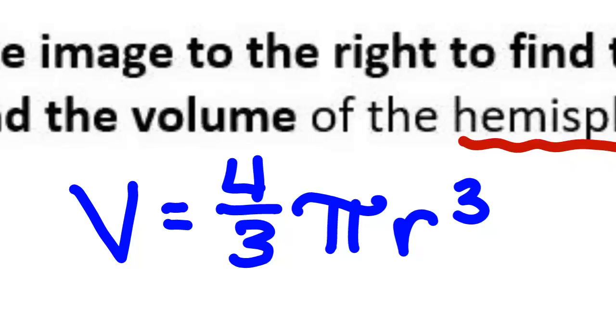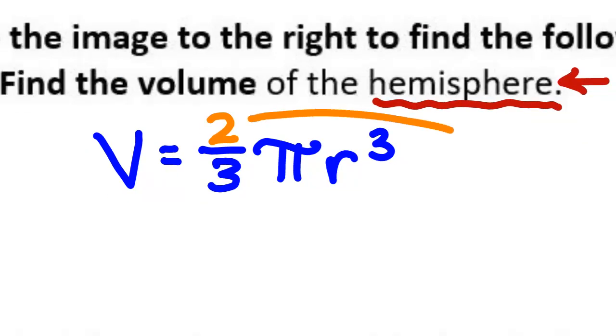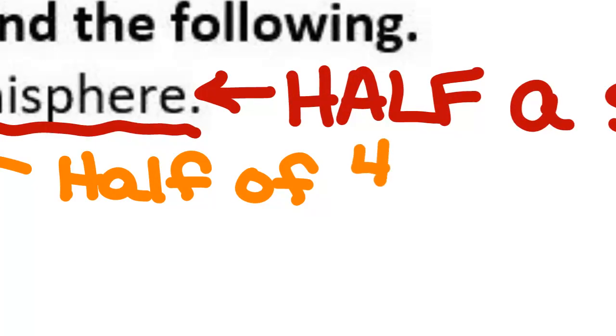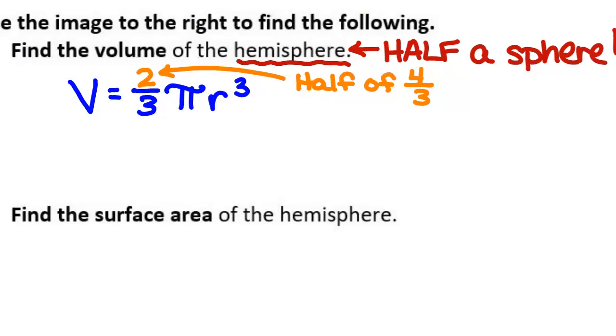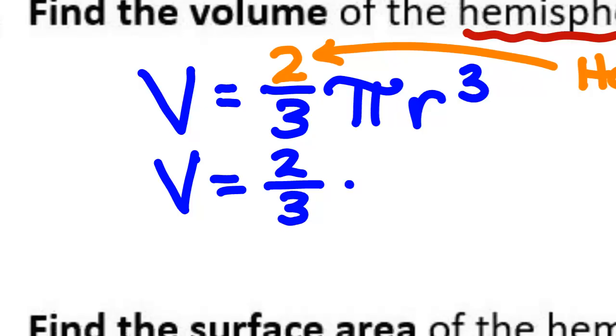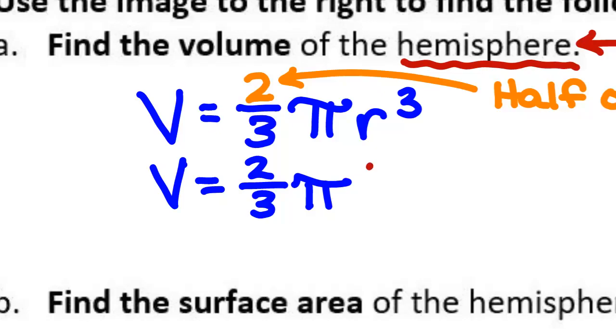What is half of 4/3? 2/3. So we're going to use 2/3 pi r cubed because this is half of 4/3. So volume equals 2/3 pi, and then what's the radius of this hemisphere? 2 centimeters.